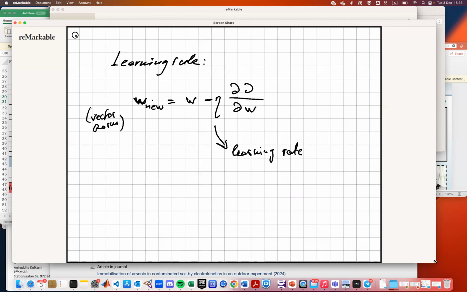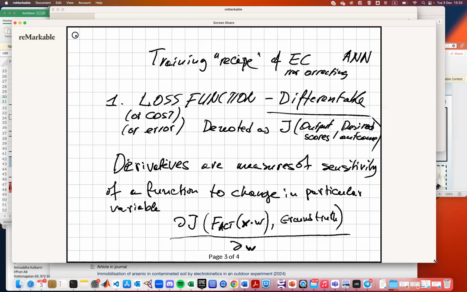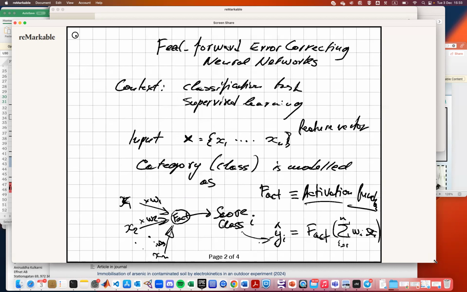But let us now generalize this model. Let us have a look at our starting point. Our starting point is a very simple model. This activation function in the simplest case can be just summation.